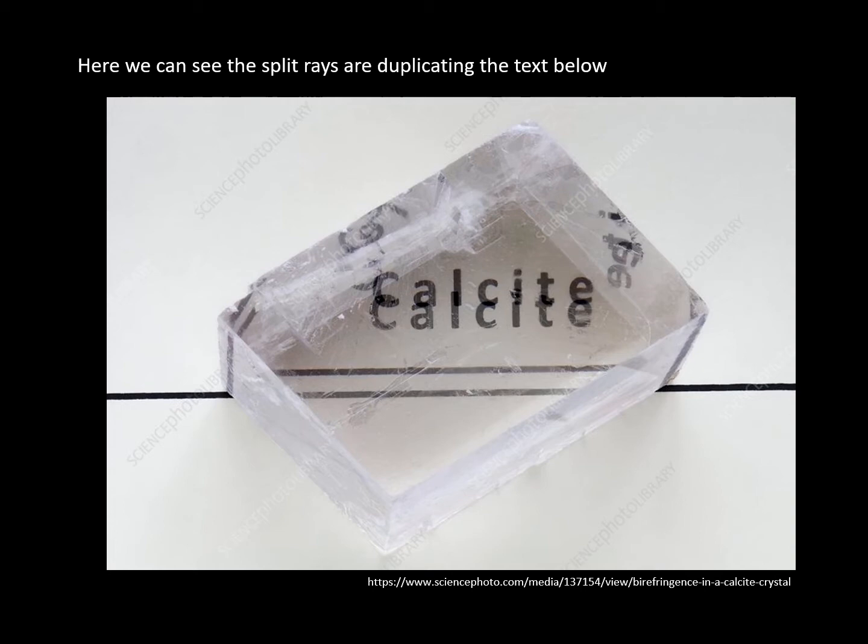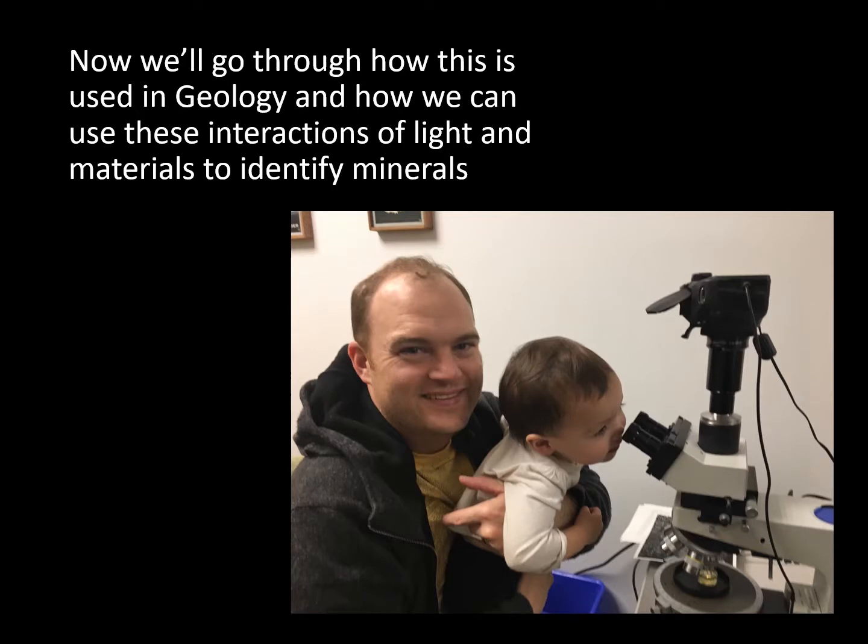What we're seeing here with these two lines, or the word calcite being repeated, is the slow and the fast wave of light. One's slow and one's fast because of the speed at which they can go through the material due to their orientation.